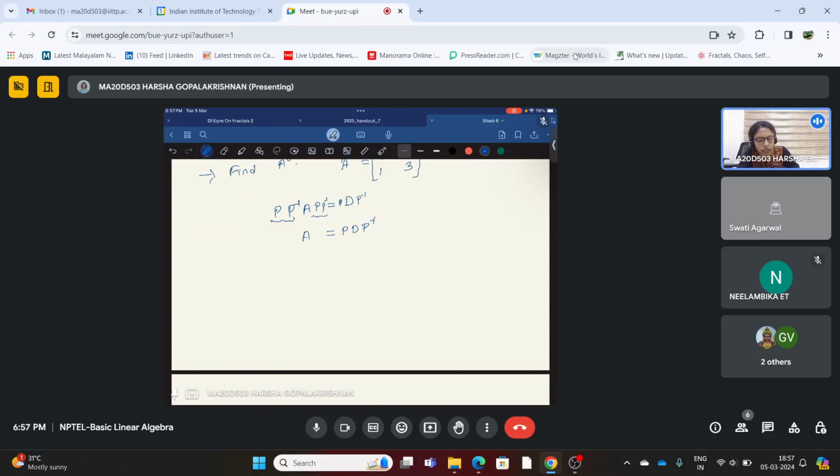So on the left side we will get just A, and on the right side we will get P D P inverse. Now what is A power 6? That is (P D P inverse) power 6. Now what is this one on the right hand side?